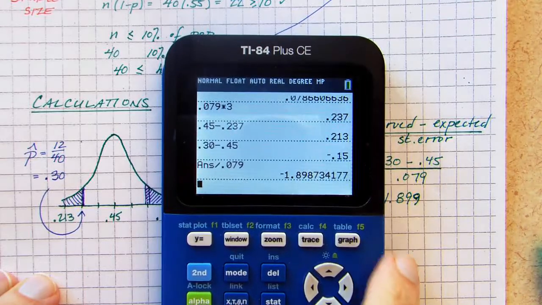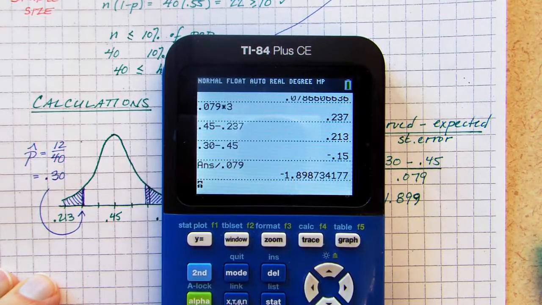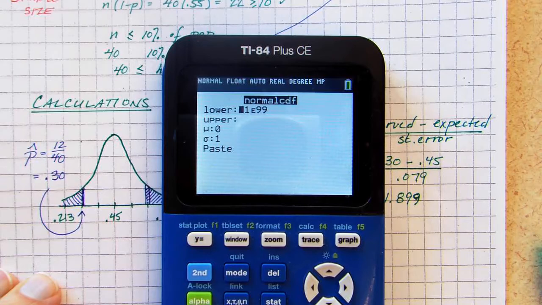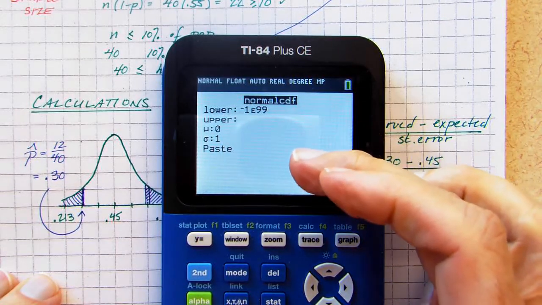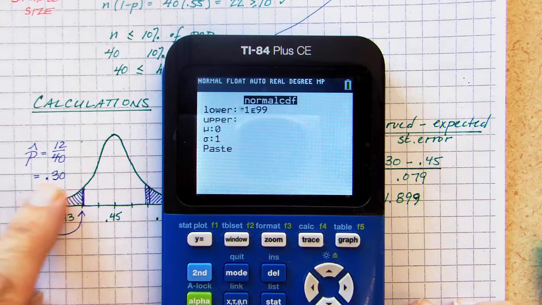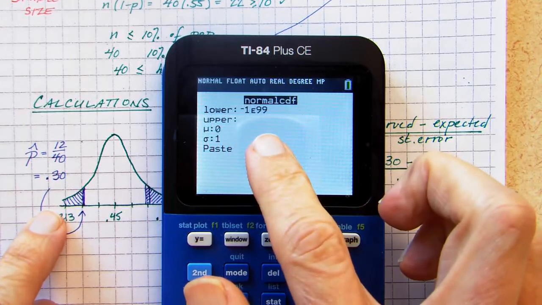So let's see if we can go into second distribution. We have normal CDF. Unfortunately, this will only give you one tail. So I'll show you a few options on here. What we could do is take the lower value, which is just some big negative number.